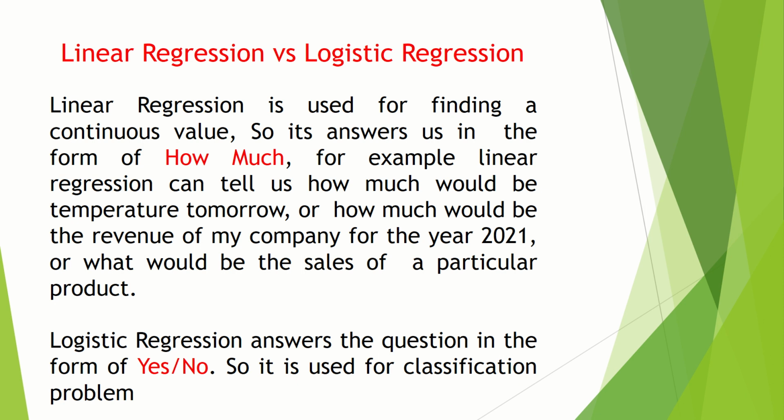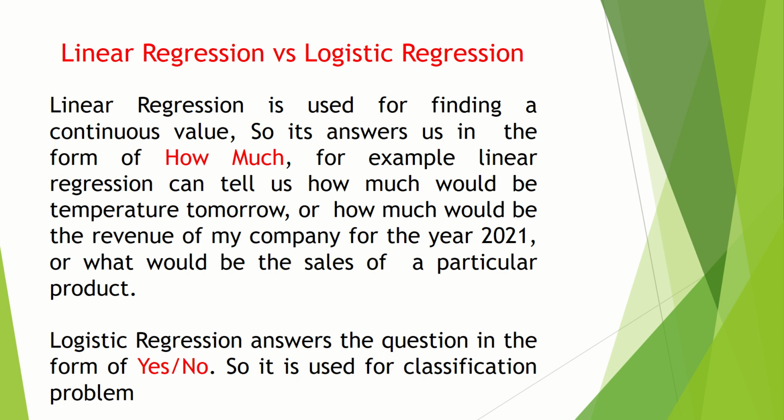So these types of questions are answered using linear regression. Just like the previous example of rain, temperature and humidity, I can ask what would be the temperature tomorrow, and that question would be answered with linear regression. Whereas logistic regression answers the question in the form of yes or no, so it is a kind of classification algorithm.